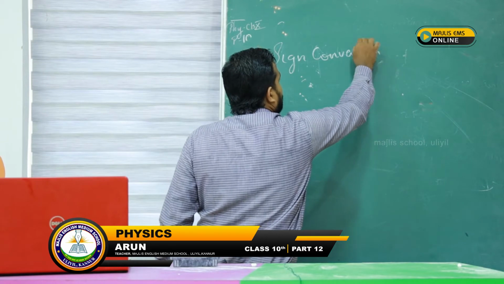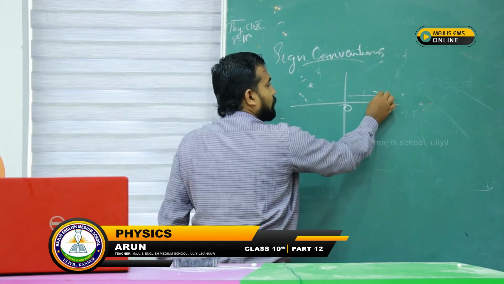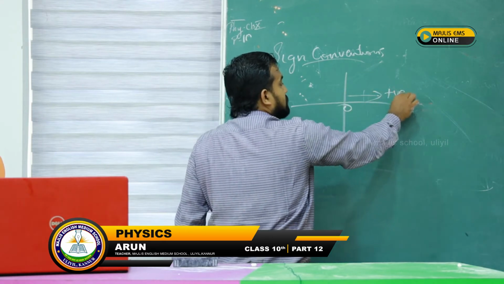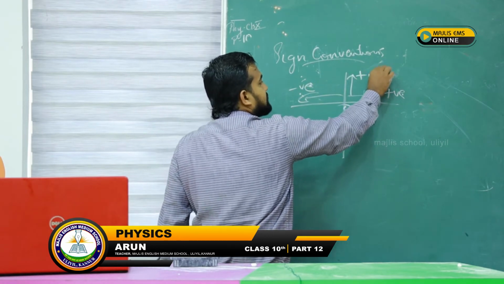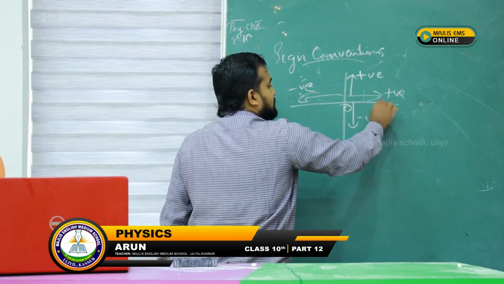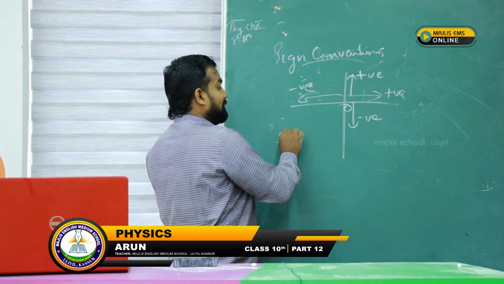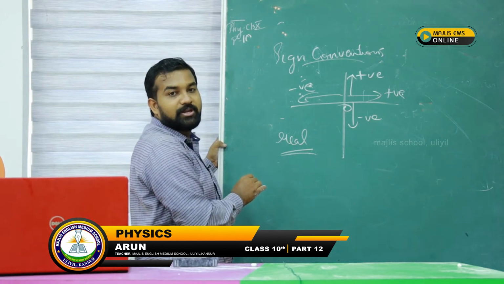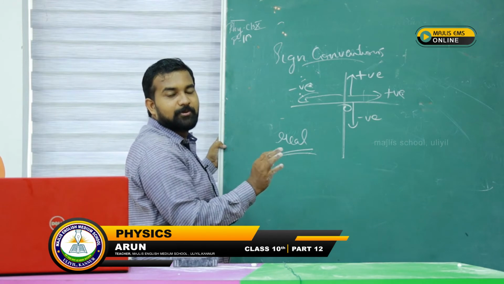So we know the sign conventions. This is the optical center. Whatever we measure towards the right-hand side is positive, and towards the left-hand side is negative. Above the principal axis it is positive, below the principal axis it is negative. For real images, will it be positive or negative?